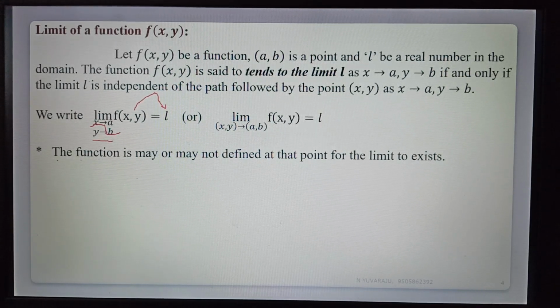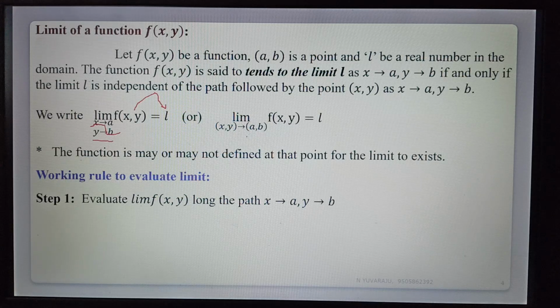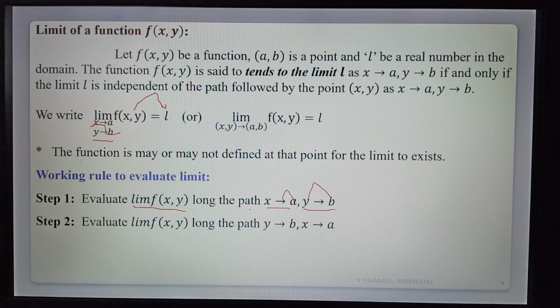Now see the working rule to evaluate a limit. Step 1: first evaluate the limit of f of x comma y along the path where x tends to a first, then y tends to b.